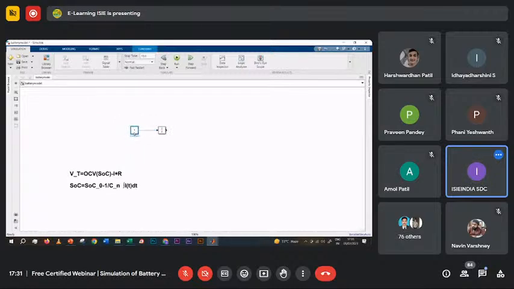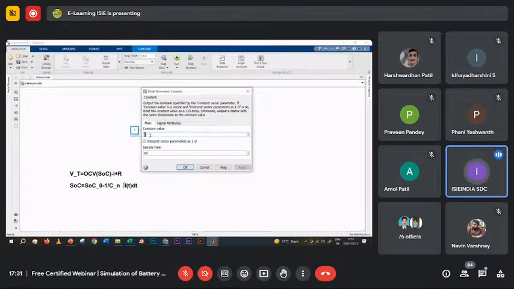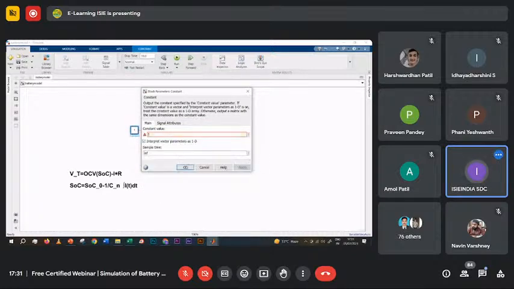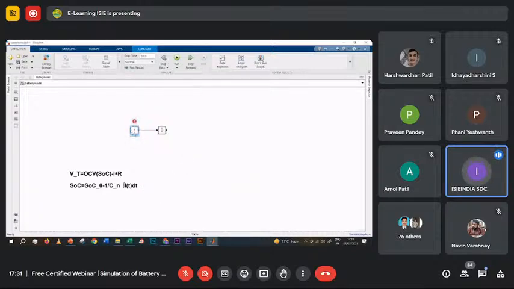Okay. So this is my I. I will be putting here the variable I. It is showing red because I didn't define any value for I. Once I complete my model, I will put the value of I into the MATLAB workspace.